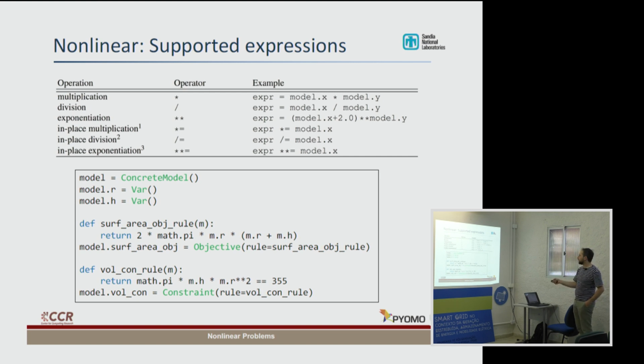So I can do this multiplication. Even if m.r is a variable, I can do multiplication of variables and variables here. For the volume, it's pi h r squared. And here it's the definition of a constraint, because this is not an expression, it's an equation. You see that? The equal sign makes this an equality constraint.